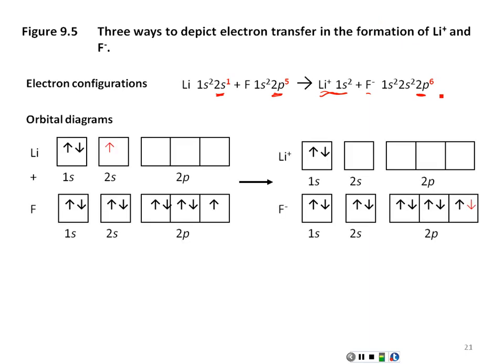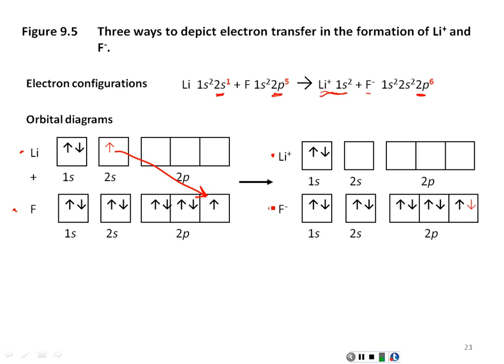We can also draw orbital diagrams. So here we see the partial orbital diagram for lithium and for fluorine. Now lithium gives up 1 electron to fluorine, and then we're left with lithium plus and fluorine minus.